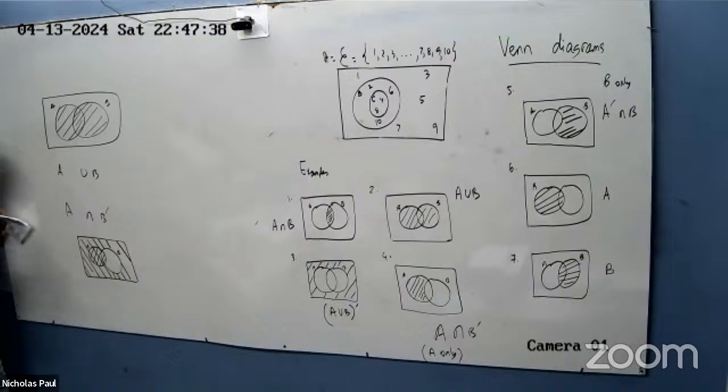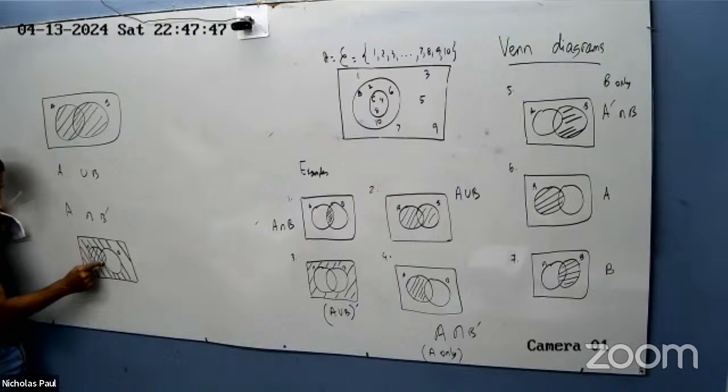Because it's intersect, you're looking for where they're both shaded, where they have something in common. You'll see in that area here where they're both in common. So I take off where they have nothing in common.